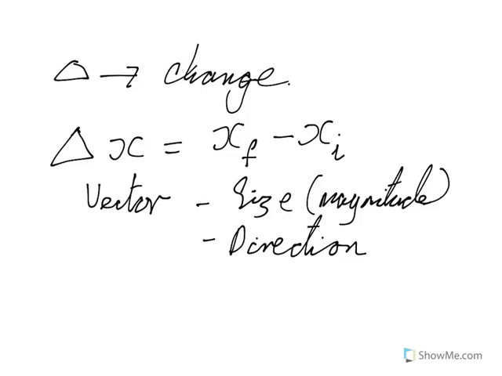So displacement in your notes, there's a few different symbols. So the delta X, the bold X, X with the arrow. Sometimes you might even see D with an arrow. Delta X might have an arrow. Alright, so a few different ways that you can write it.